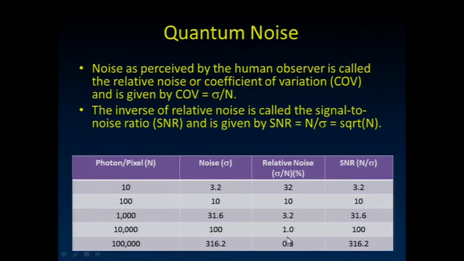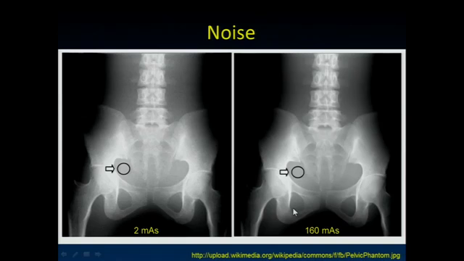Here that is expressed as a percentage: 100 divided by 10,000 times 100 to get a percentage. The relative noise here is 1% compared to the relative noise down here, which is 32%. So that's the number that we perceive when we visually look at the image.